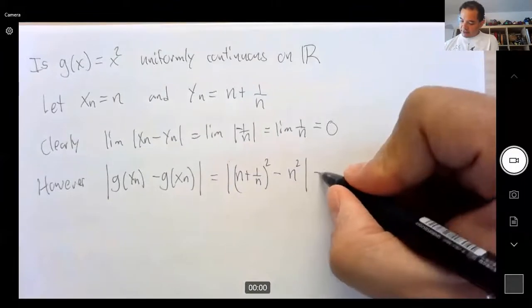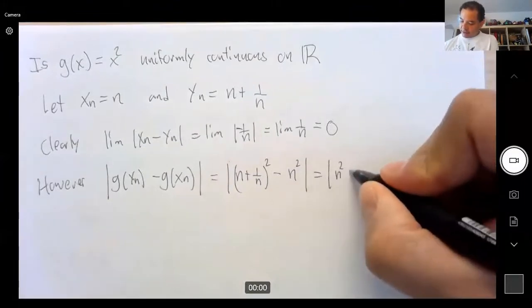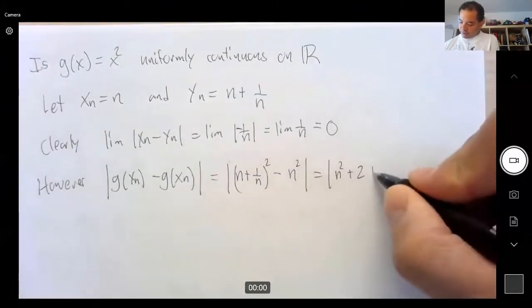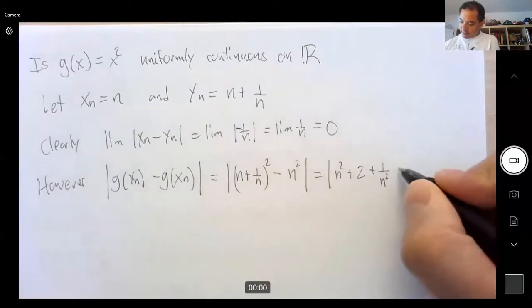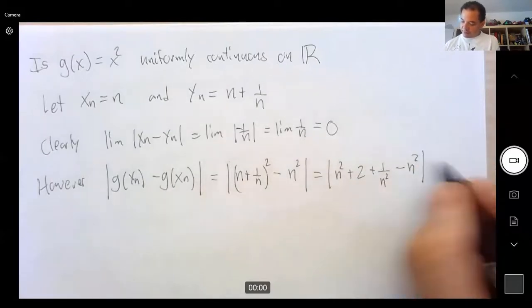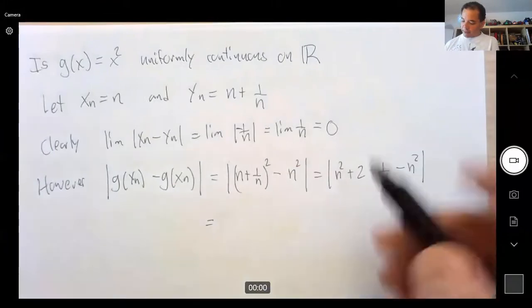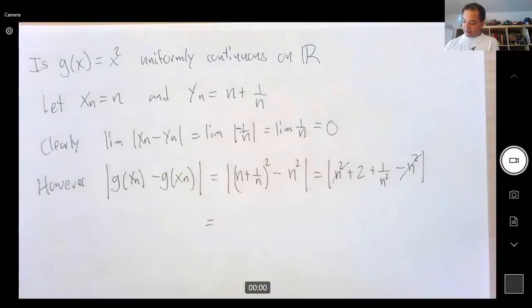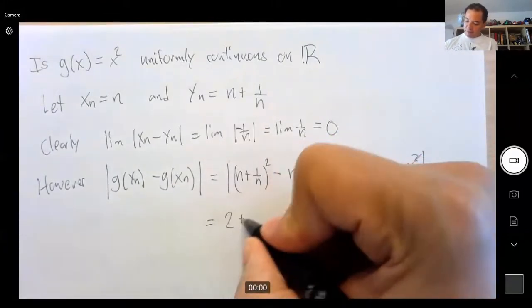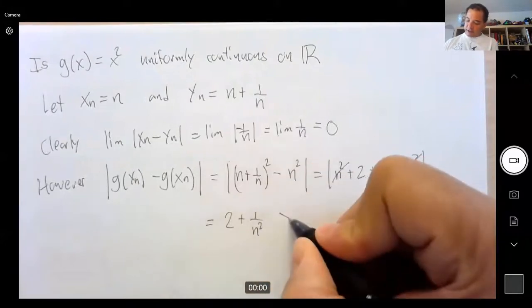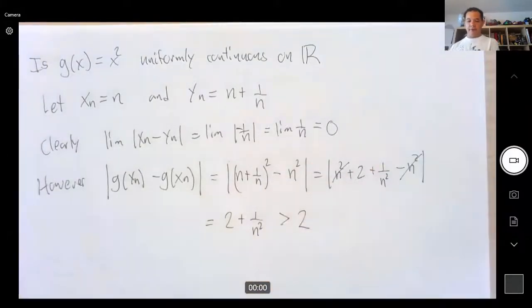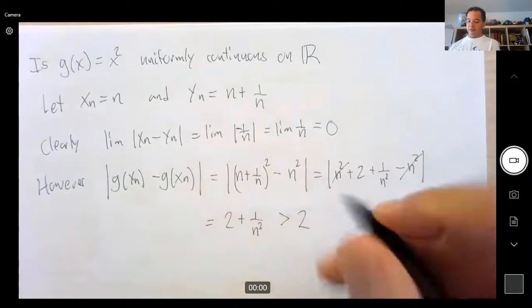So this is n squared plus 2 plus 1 over n squared minus n squared. And everything is positive, so I don't need the absolute value bars here once I cancel the n squared. So that's just 2 plus 1 over n squared. And then that's bigger than 2, right? So that's my epsilon 0. You see?